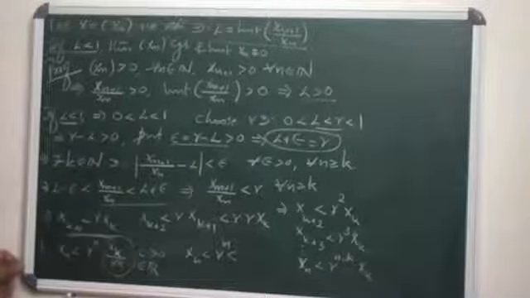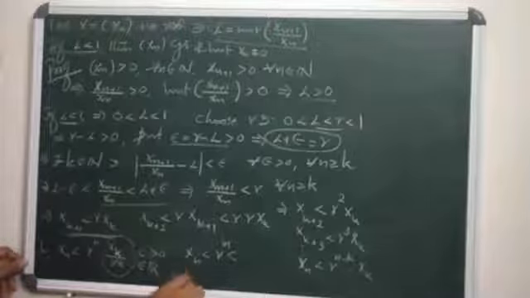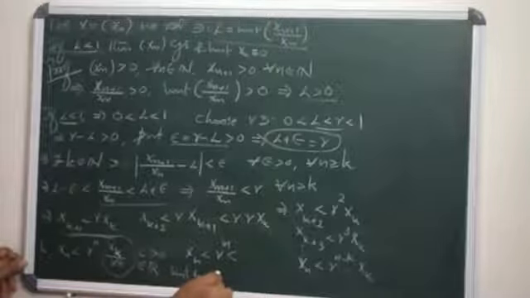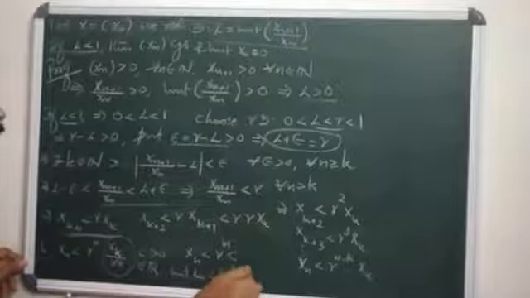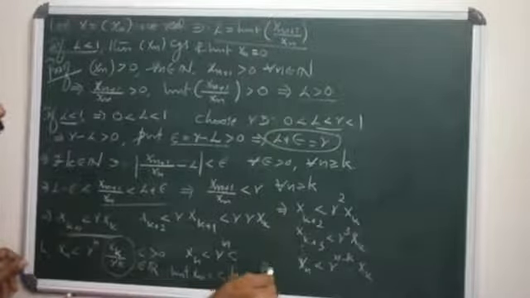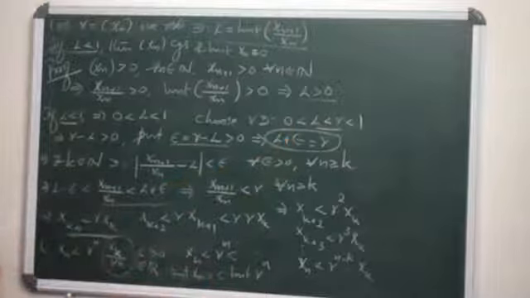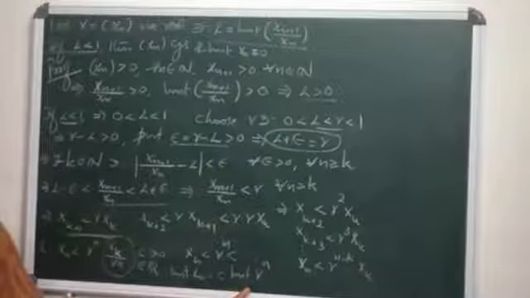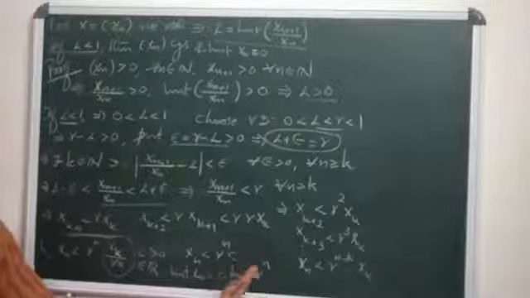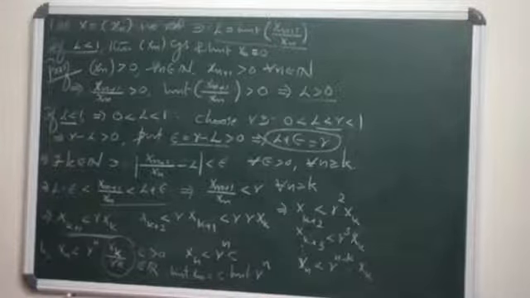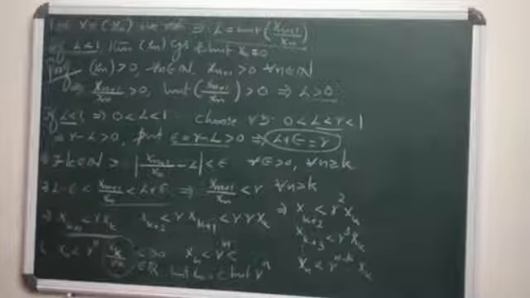Agree. So what is limit x_n? Therefore limit x_n equals c into limit r^n. What is r? R lies in between 0 and 1, r less than 1.